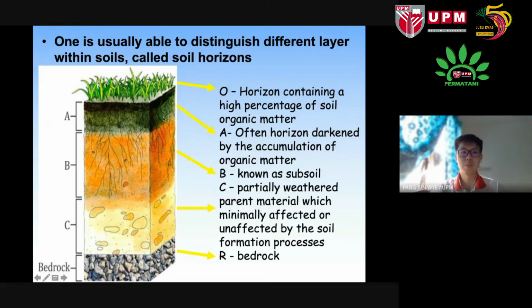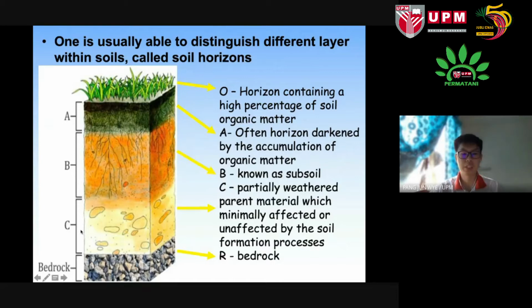And as we know, the A horizon also consists of quite a huge amount of organic matter. All right, so proceeding to the next horizon, horizon B is known as subsoil, and horizon C is partially weathered parent material which is minimally affected or unaffected by the soil formation processes.